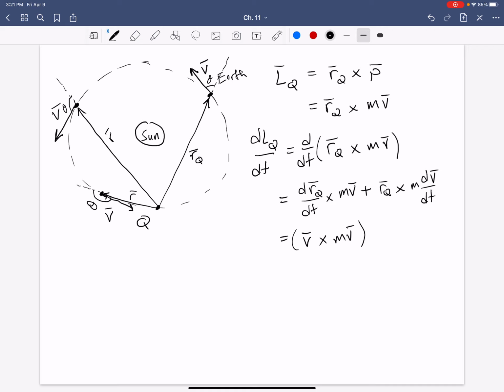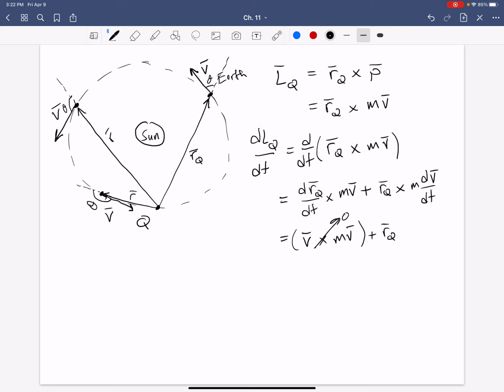And with the cross product, if we cross the same vector, v cross v, that goes away, right? That's 0. So we're just left with the second cross product.